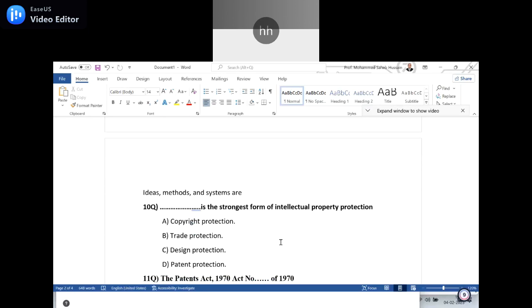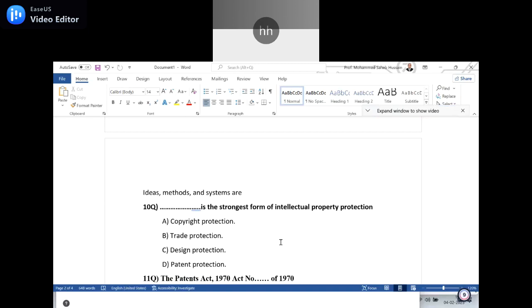10th question. Anyone can unmute and read? Dash is the strongest form of intellectual property protection. A, copyright protection. B, trade protection. C, design protection. D, patent protection. Option D, sir. Patent protection. Option D is the right answer.